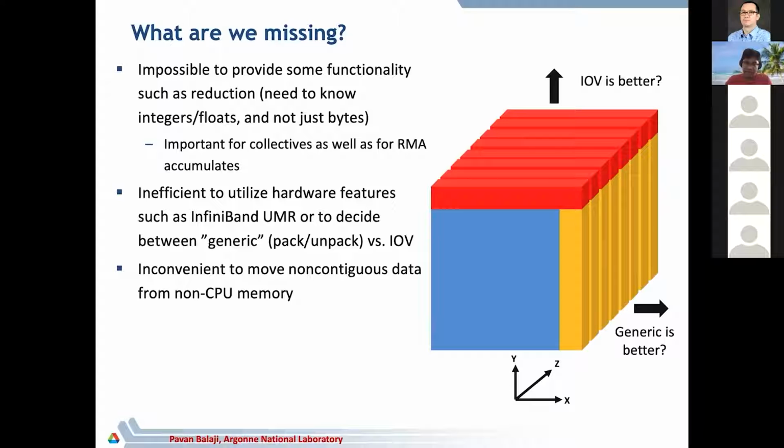But for now, the temporary buffer is always on the CPU. So in the MPICH code, we always pack user GPU data to the host buffer, and the host buffer will then need to transfer it host to host and unpack it again on the GPU. So we are kind of losing all the benefits of GDR copy, for example.